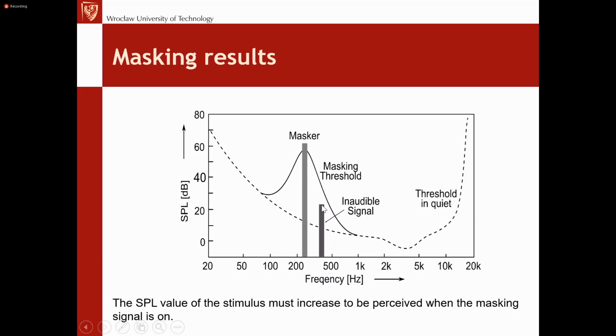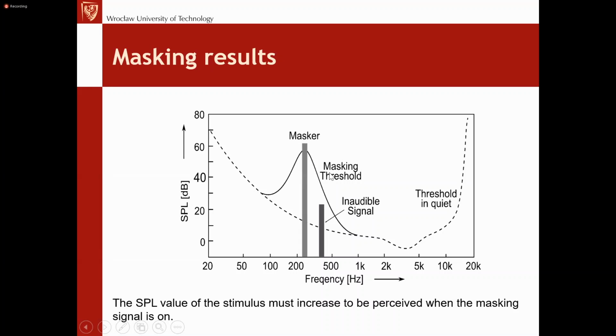This signal can be audible again if its sound pressure level is greater than this threshold. In this case, it's called the masking threshold.